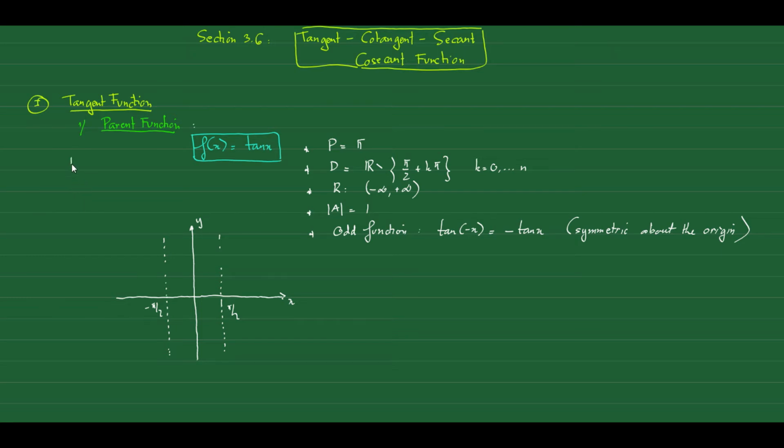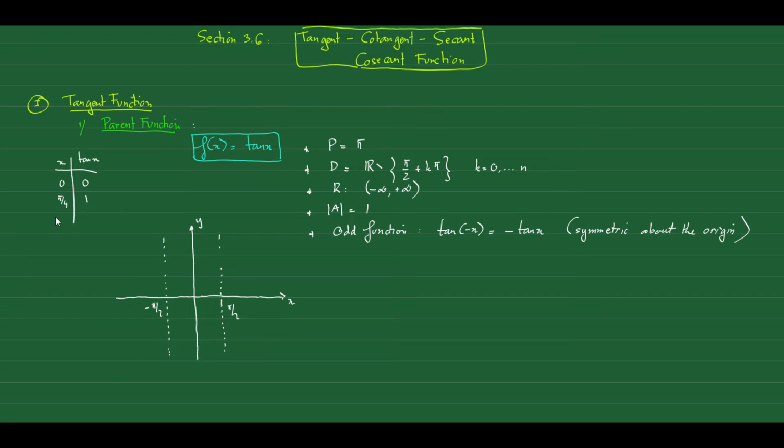If you go ahead and graph it using a table, as we already did last time, we're going to have x over here and tangent of x over here. So if you have 0, tangent of 0 is 0. Tangent of pi over 4 gives you 1, right?